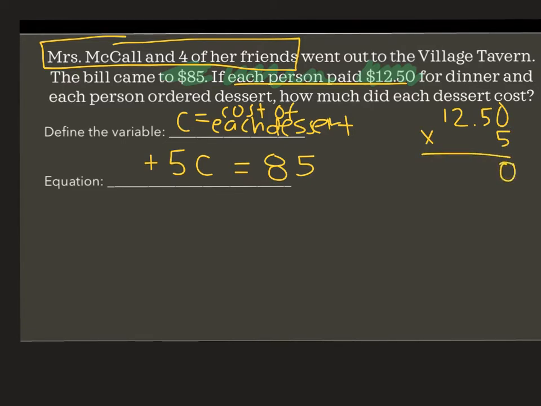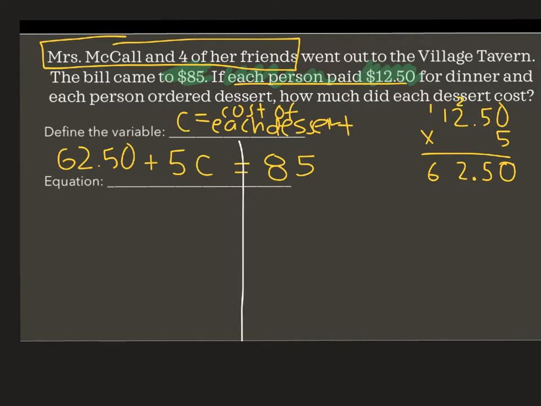So 5 times 0 is 0, 5 times 5, 25, 5 times 2 is 10, plus 2 is 12, carry a 1, 5 times 1 is 5, plus 1 is 6. So my other number should be $62.50 here. So be careful on that. A lot of people miss this when setting up their equation, which will then throw off your answer.